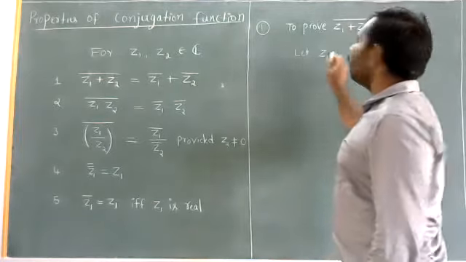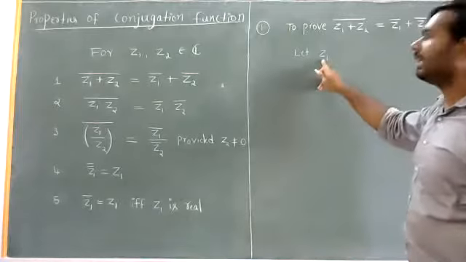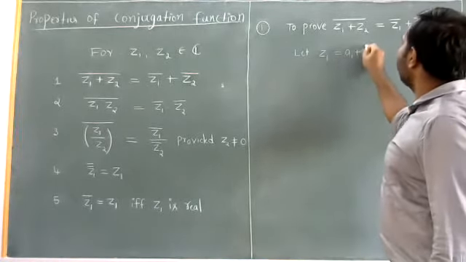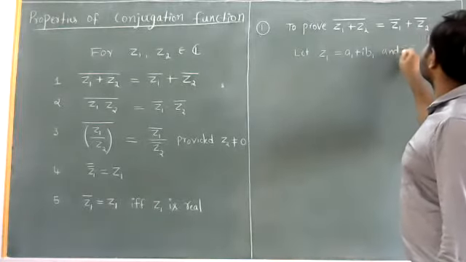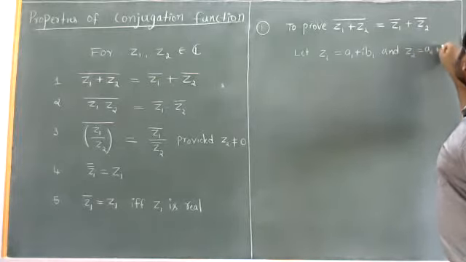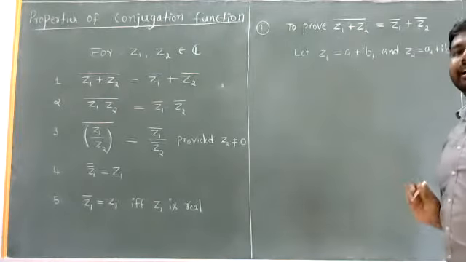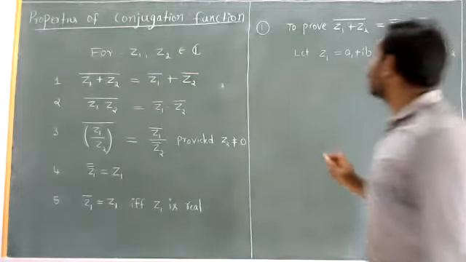You know how complex numbers will be, they will be of the form a plus ib. So I take z1 to be the complex number a1 plus ib1 and z2 to be a2 plus ib2. Just for calculation purpose, I am taking these two complex numbers.